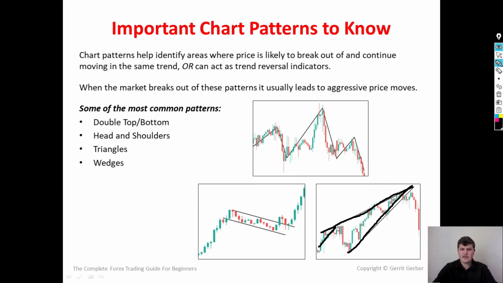So price is consolidating between these two lines, and as you can see there's also a build up of momentum, and price usually follows with an aggressive move to the downside. Wedges are key trend reversal indicators and can also act as trend continuation patterns wherever they appear in the market.